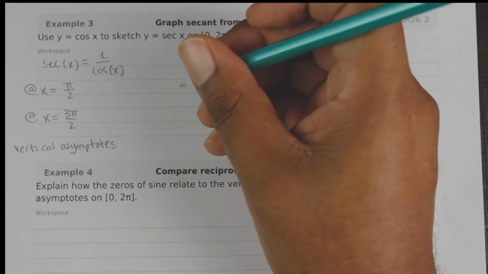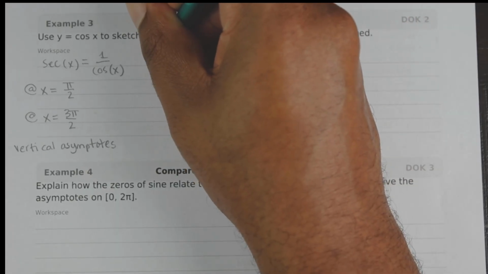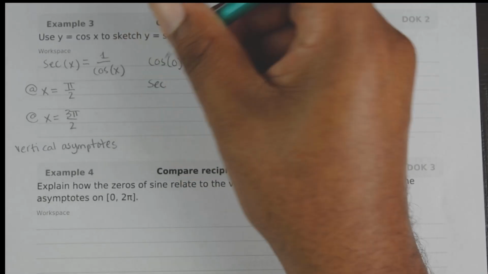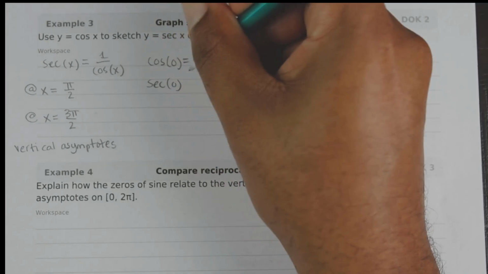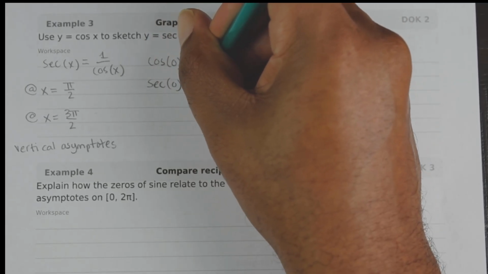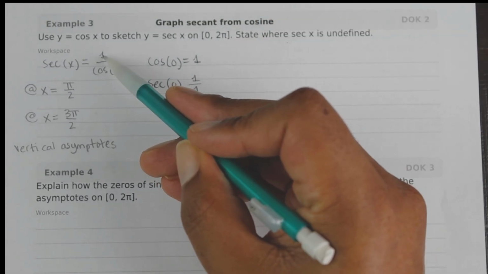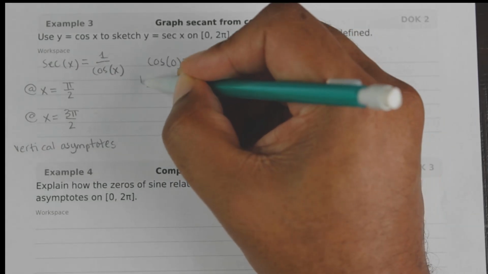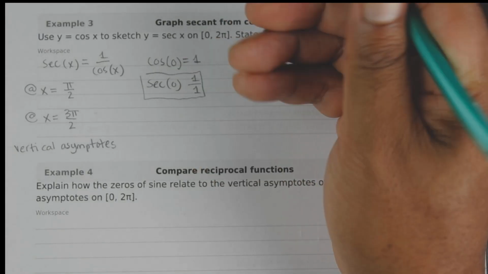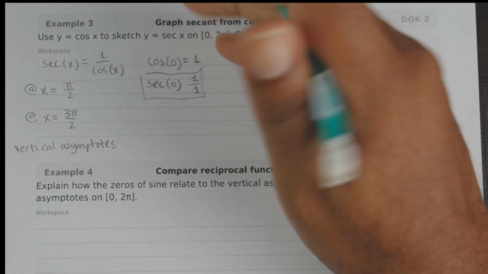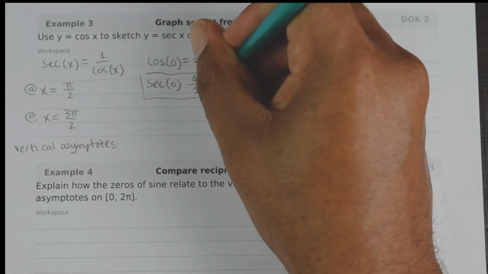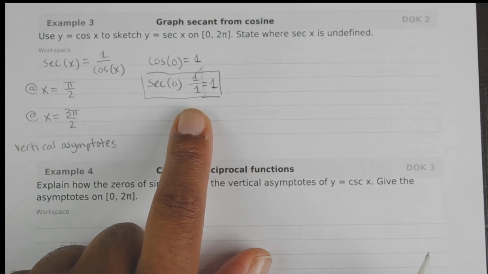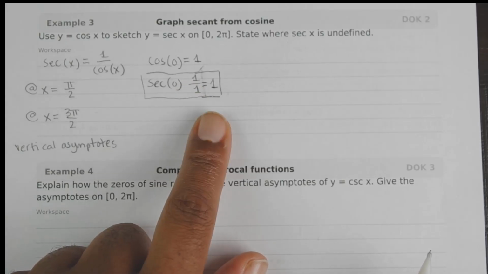Secant at 0 is 1 over cosine 0, and cosine of 0 is 1. We have our first point essentially, and that first point would be (0, 1).